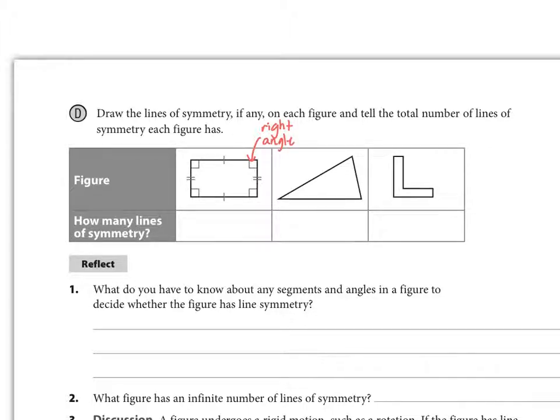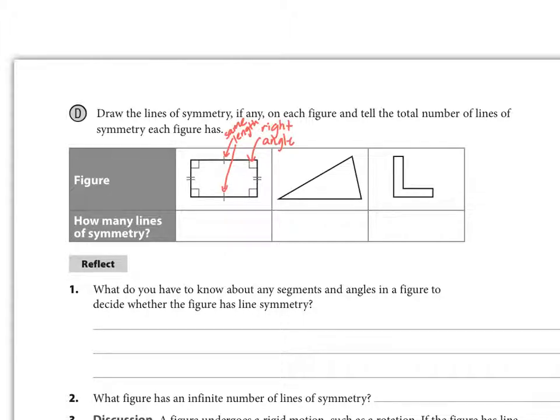This little mark means that it is the same length as this one because they both have one mark, which also means that this one has the same length as this one because they both have two marks. Keep that in mind. The same length, we also call congruent. So we have two pairs of congruent sides.